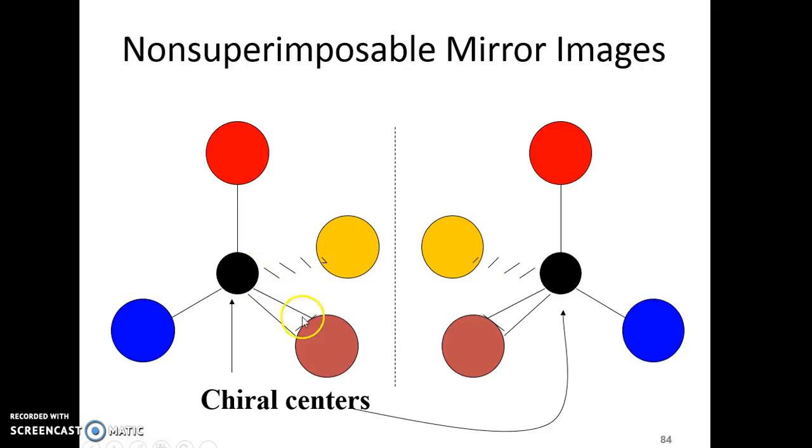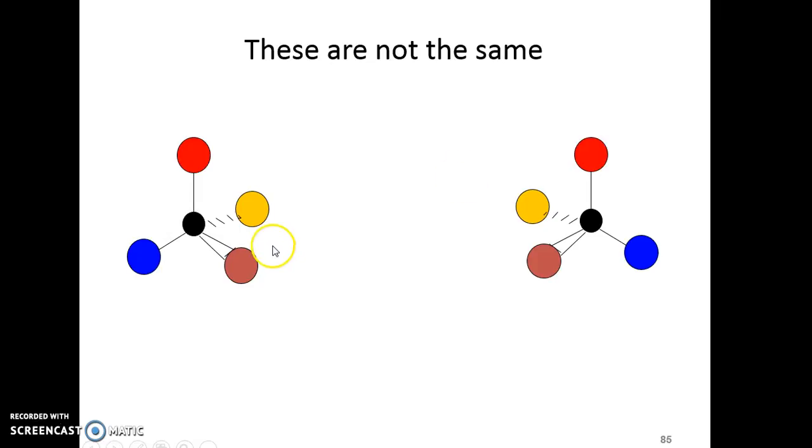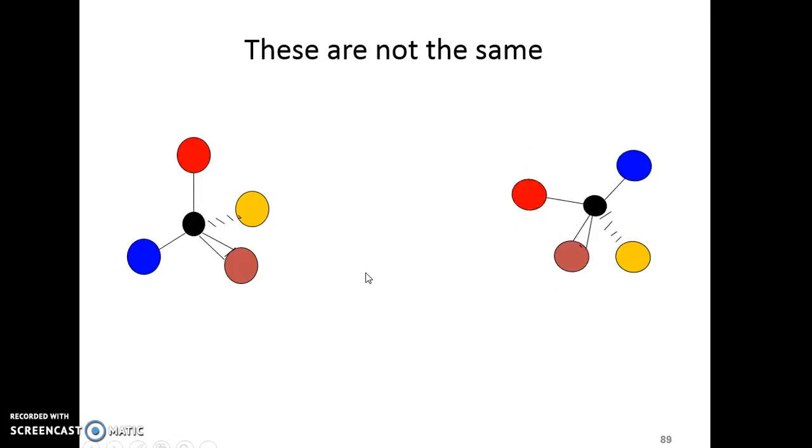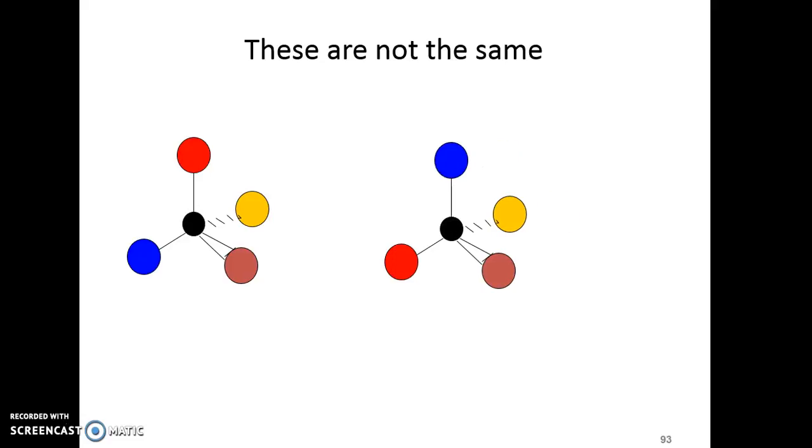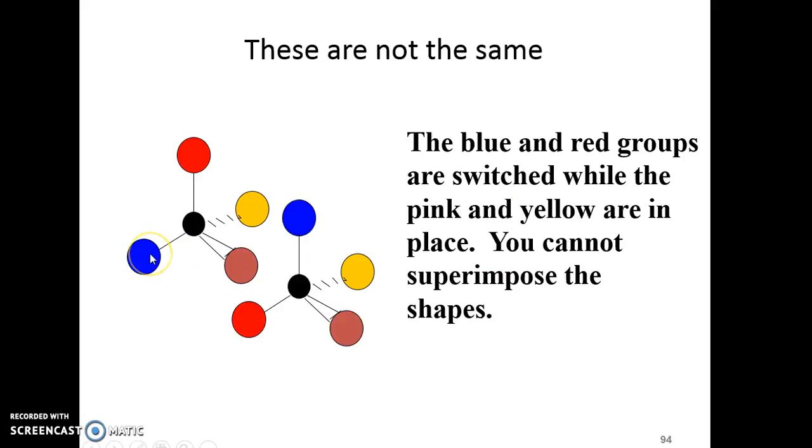See, this is going back and that's coming out. Now I'm going to try and superimpose this on this one. So I turn it around in space, and when I bring it over here, you can see that the red and the black are switched, but the pink and the yellow are in the same place. You can't superimpose them.